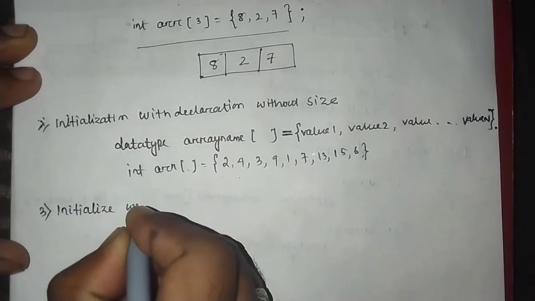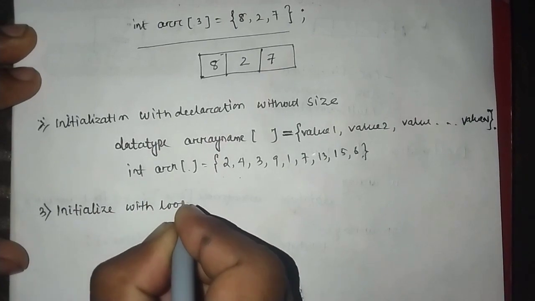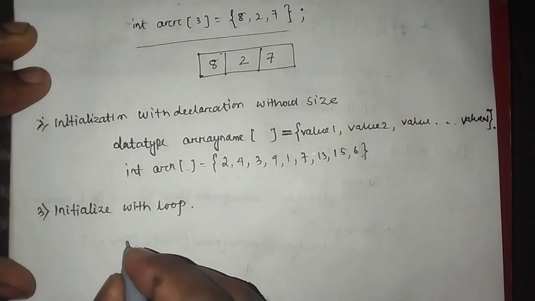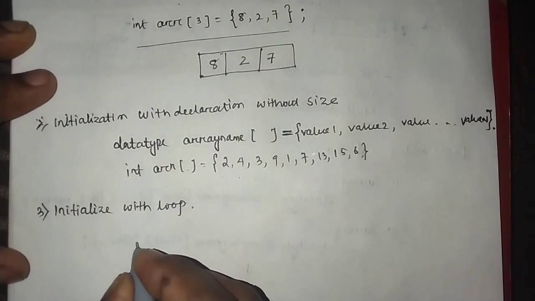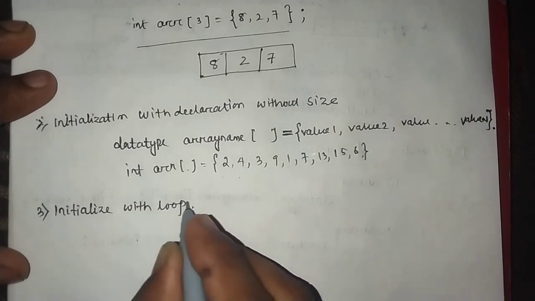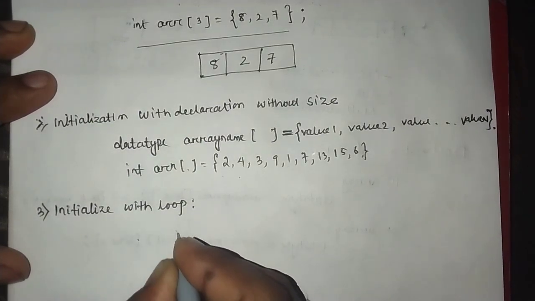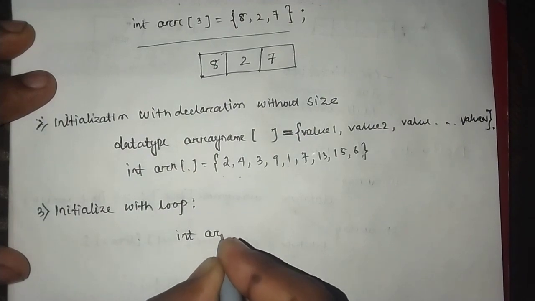The third one is initialize with loop. I am going to show this by code. First, create an array int arr.